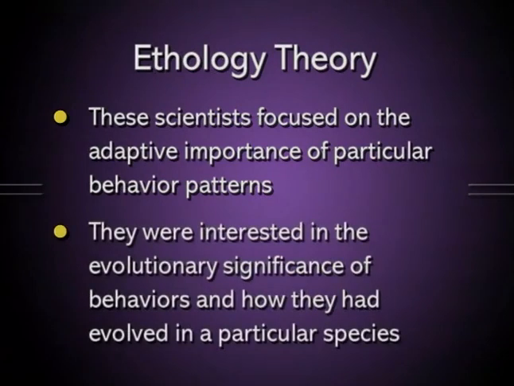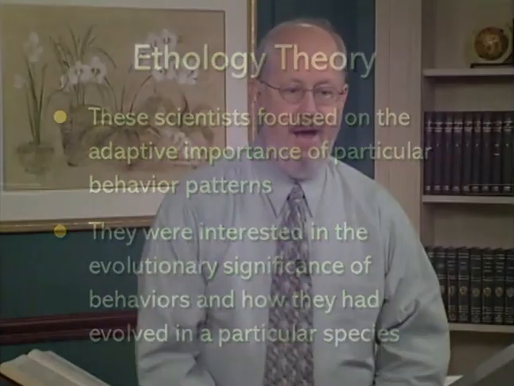They were interested in the evolutionary significance of certain behaviors and how these behaviors had evolved in a particular species. They carried out a lot of detailed systematic observations of different species, and they described how certain complex behaviors work to bring this adaptation about. They tried to explain why certain behaviors would have evolutionary significance.